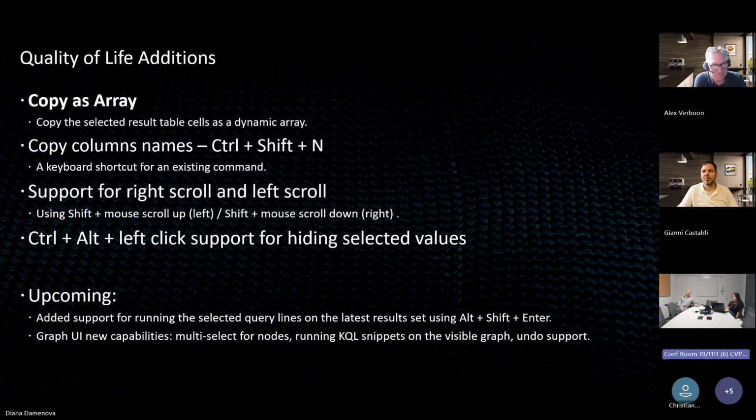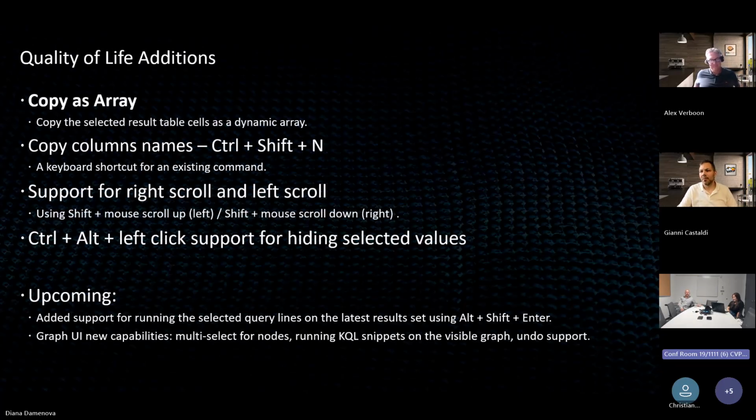Copy column names was there basically forever, but now there's a keyboard shortcut, Control-Shift-N, that allows you to do it in a simpler way. If you're using Windows and browsers and applications, one thing that some people use is scrolling left and right if the page is bigger than the screen.